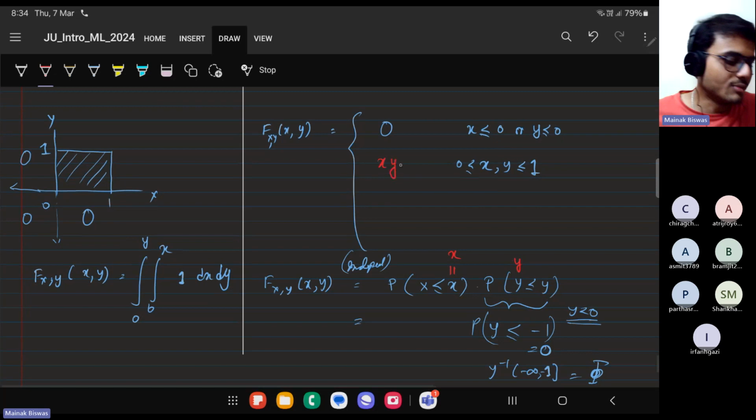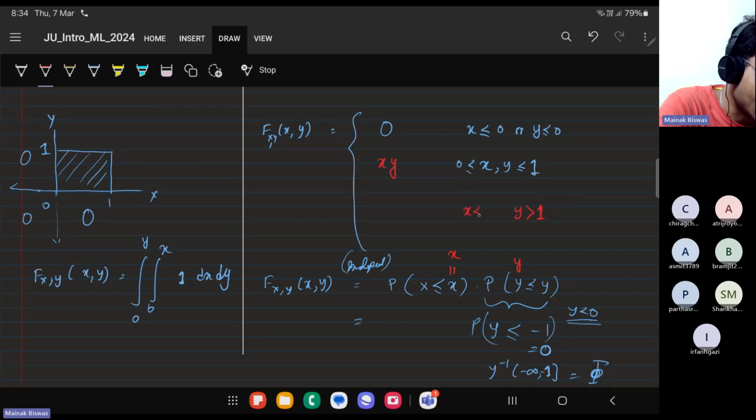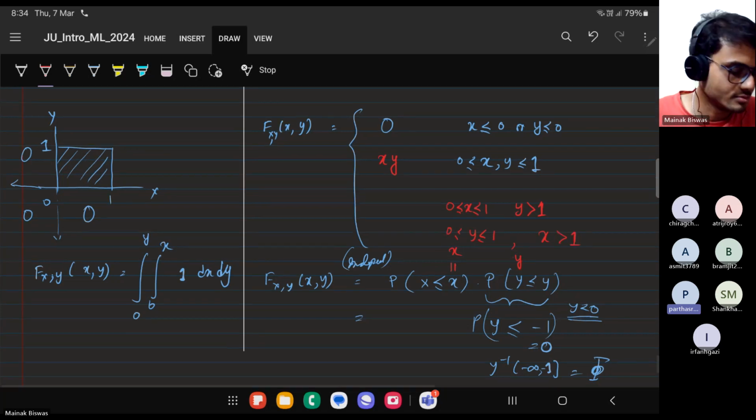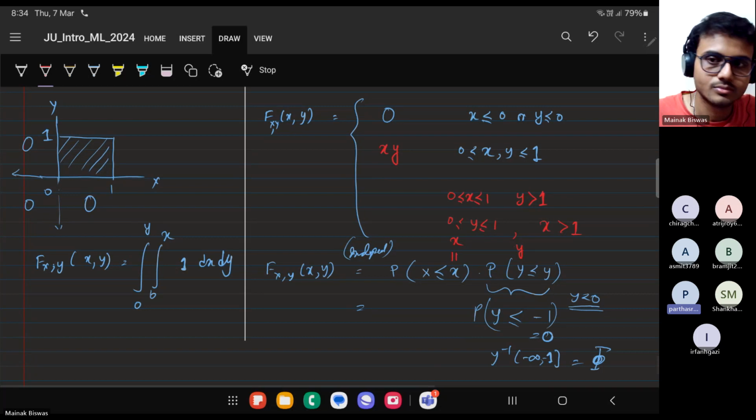Now comes the more tricky part. If y is greater than 1 and x is between 0 and 1, then what will happen? All the cases are being covered like this. It will be only x.